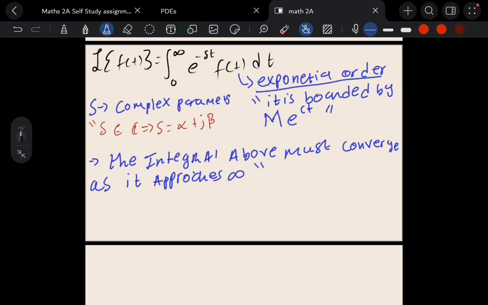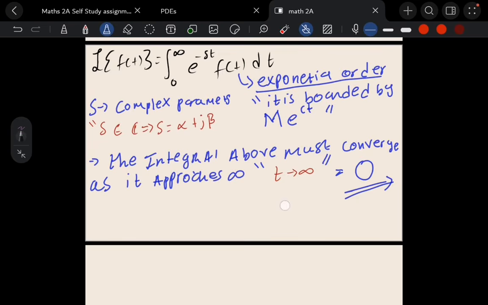So what do I mean by that? As t approaches infinity, the integral must converge to what? To 0. Do you understand that? The integral must converge to 0.